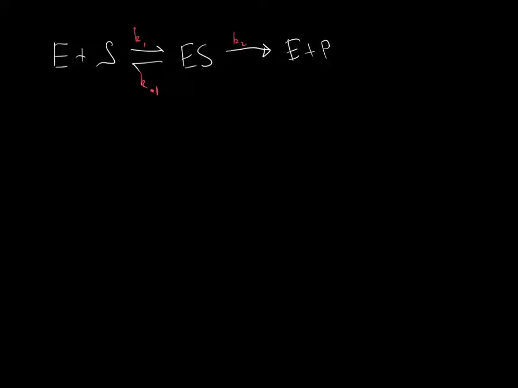So this right here is the rate, you remember the rate? So let me write this out again. Rate is equal to the change, and you can even call it velocity, rate or velocity, doesn't really matter.